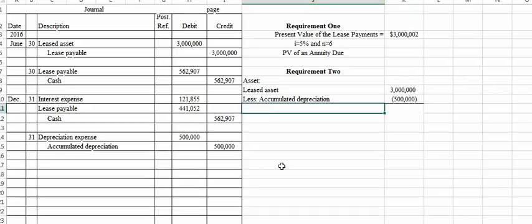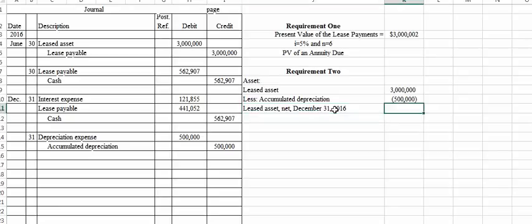So we could say leased asset net, or meaning at its book value on December 31, 2016 will be equal to the $3 million, plus the negative number.